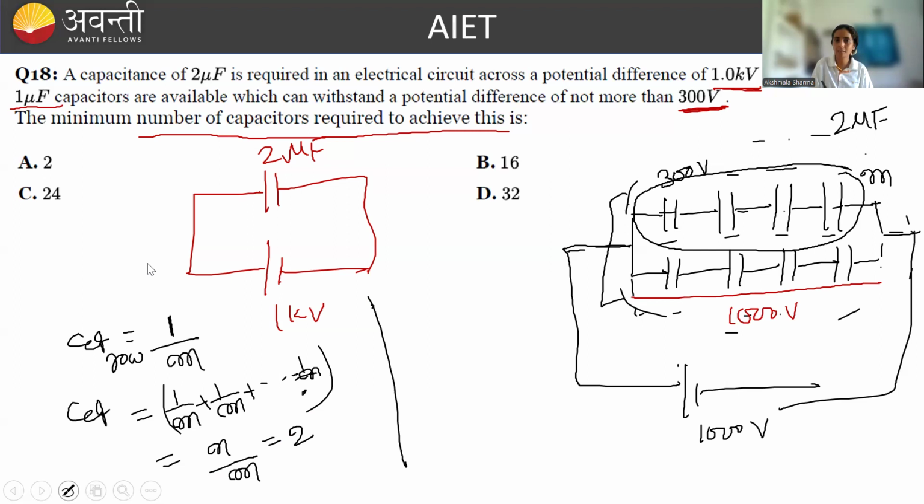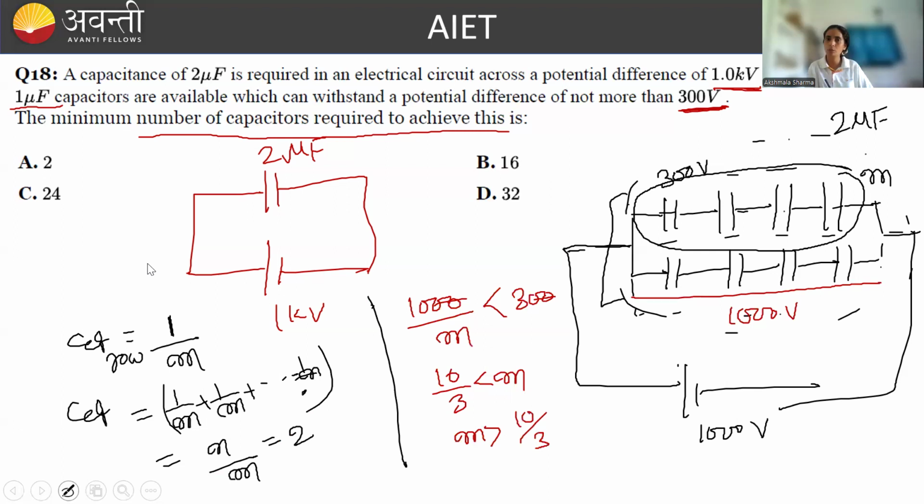So if there are m capacitors in one row, then the potential drop on each capacitor is equal to how much? 1000 by m, and this should be less than 300. So m is greater than 10 by 3.